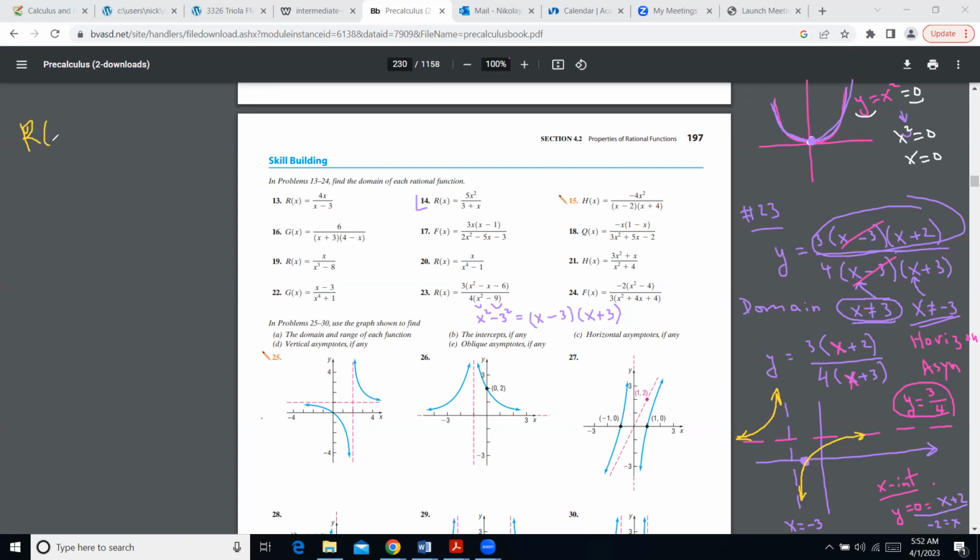So let me give you an idea of the next section that I want to look at right now. So if this is my function r of x, which is 3 times x squared minus x minus 6 divided by 4 multiplied by x squared minus 9.